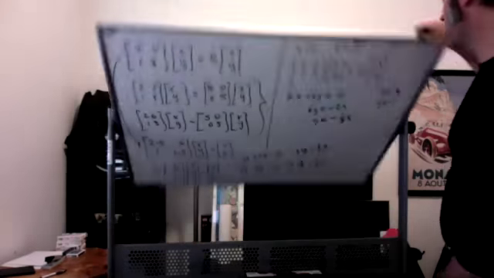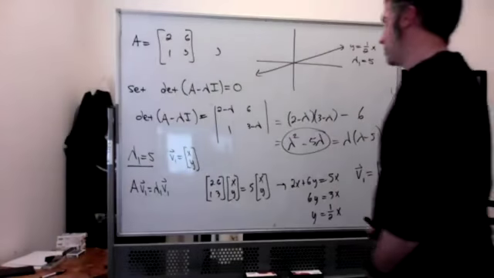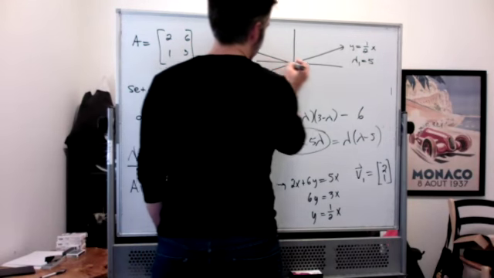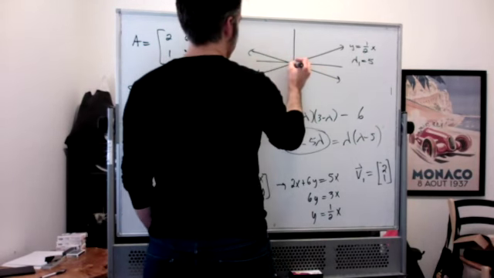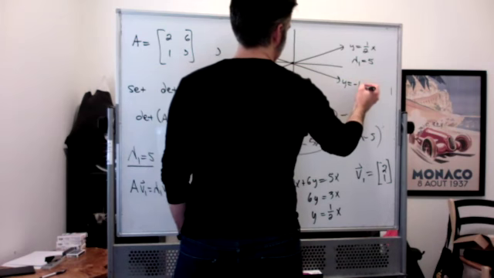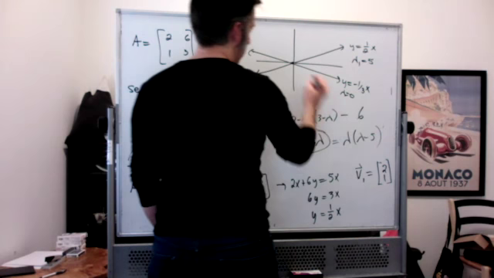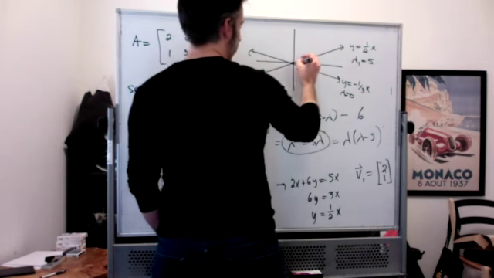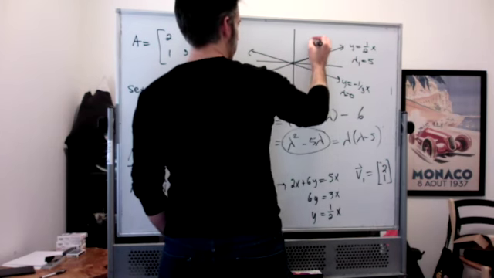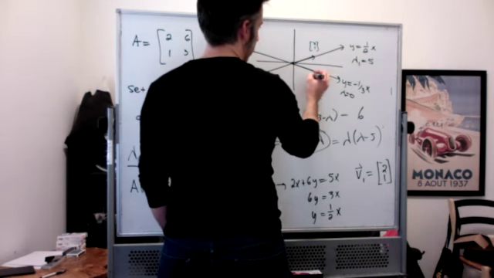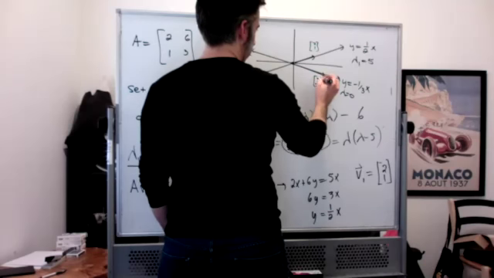Back to my picture. Y equal to negative 1/3 x looks a bit like this. And that's associated with lambda equal to 0. And here's the vector we picked, 2, 1. And here's the vector we picked, 3, negative 1.